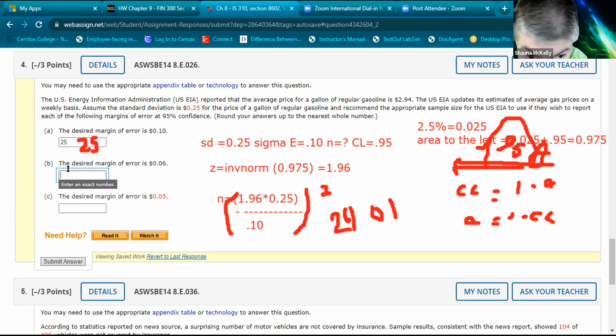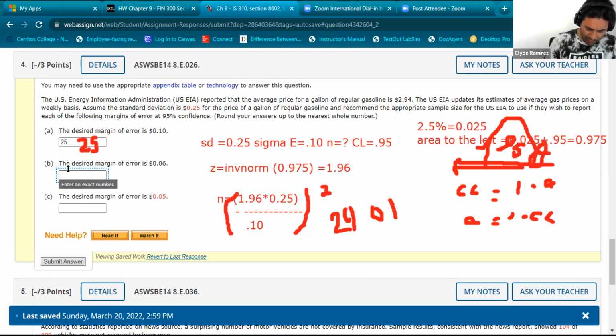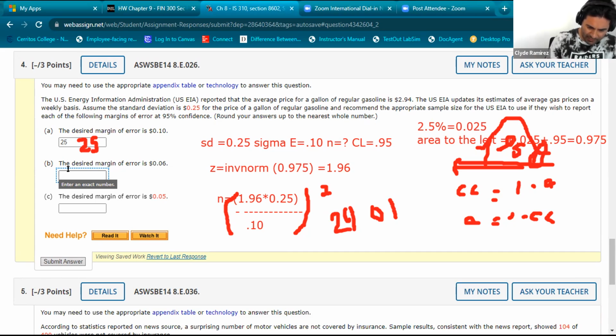The only thing that's going to change in B is the bottom. The numerator is going to be 1.96 times 0.25 over 0.10 equals, not 0.10, oops, because you're doing 0.06 for the second one. 0.06.